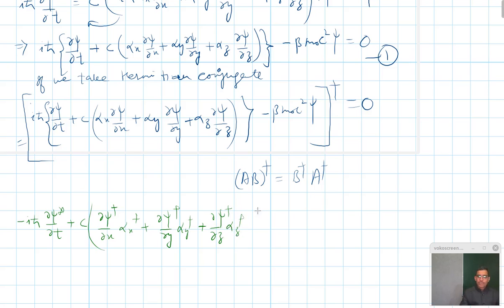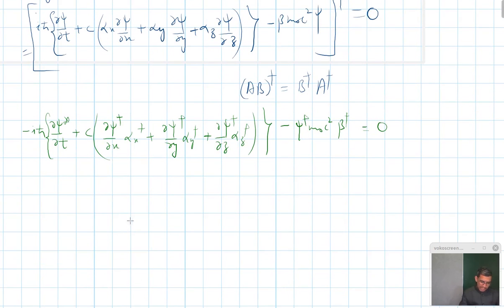And c is just outside it, and minus psi dagger m naught c square beta dagger. That's what I am getting, and it must be equal to 0.